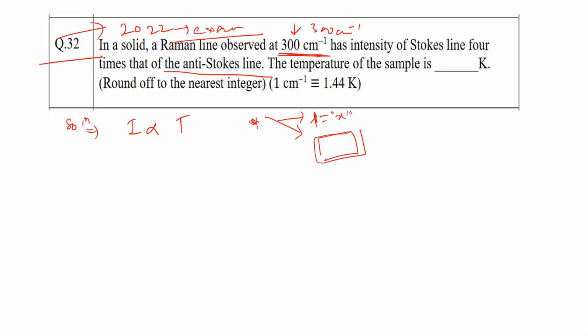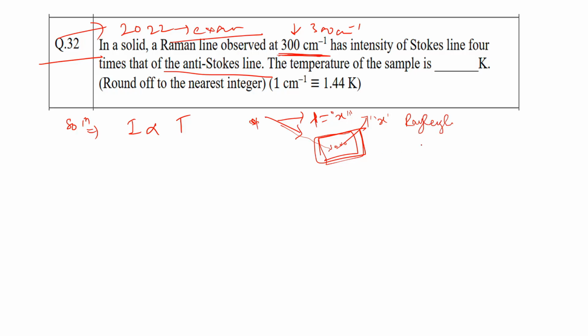The crystal structure of the material has a lot of particles, atoms, molecules. This light will interact with these particles, and the particles will scatter this light. Suppose the wavelength is x, and after scattering we get the same wavelength, so it is Rayleigh scattering.